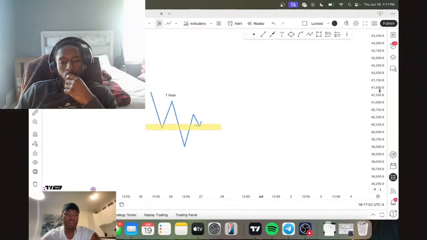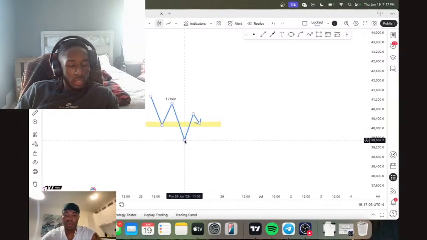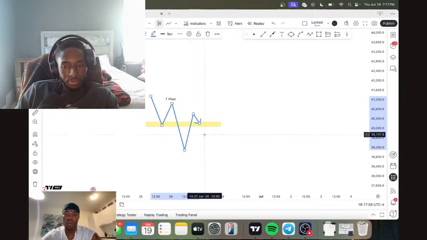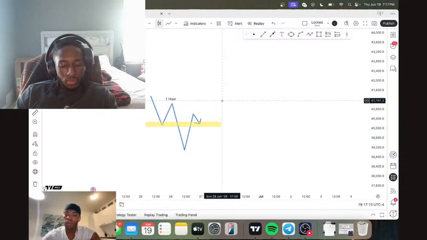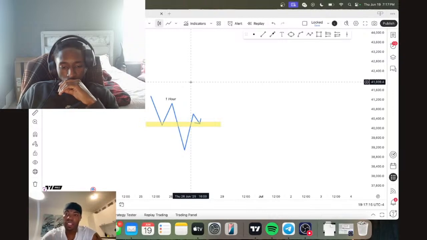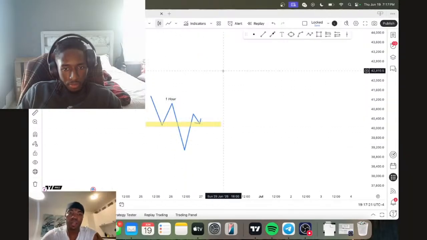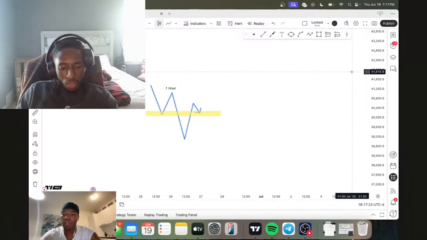So with this being said, the 1 hour time frame, let's say we have price selling. We want price to sell under this level. The only time you really need to actually look for those correlations in different time frames is on the correction and the continuation. The correction and continuation should be the only time you should scale down. So let's say we just woke up and we're getting ready to get on the charts.